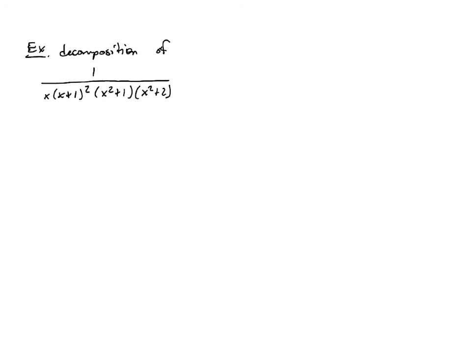So I have one linear factor that's not repeated, one linear factor that's repeated, and then two irreducible quadratic factors. So this would have a decomposition of the form a over x for my first factor. My second factor contributes two terms, b over x plus 1 and c over x plus 1 squared.